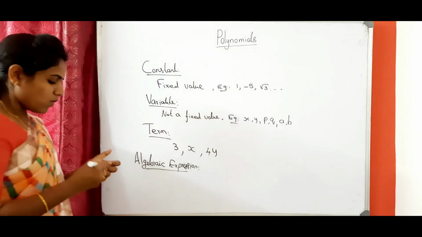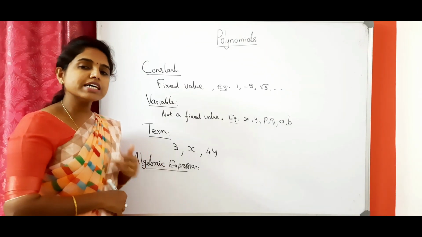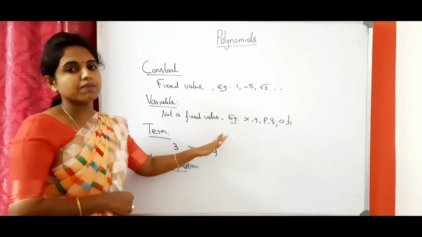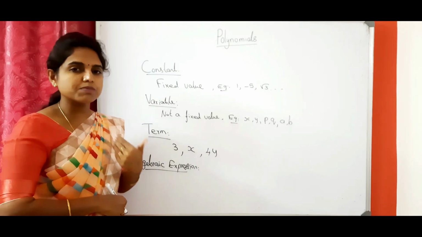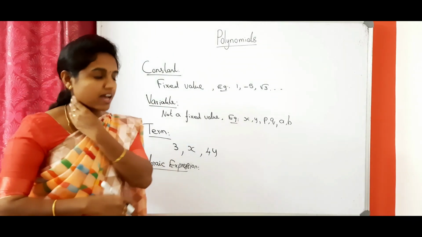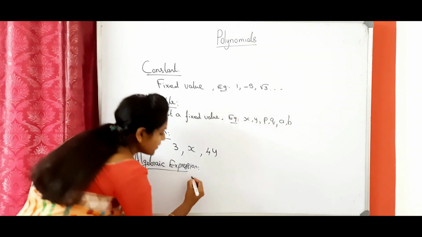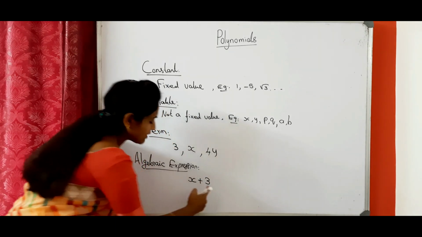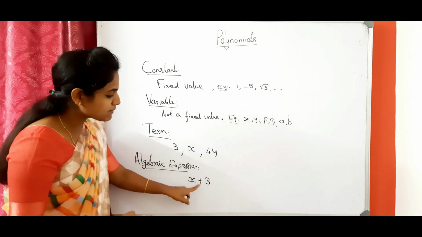Next we have to know what is an algebraic expression. Two or more than two terms connected by an additive symbol or a multiplicative symbol is called an algebraic expression. For example, x + 3: two terms connected by an additive symbol.